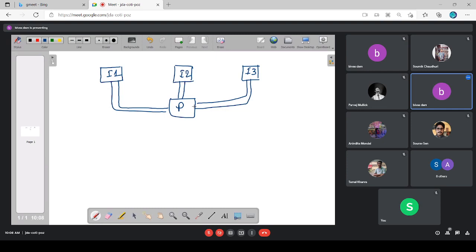But the processor must now have dedicated input lines for all these three input devices. So how many such dedicated pins are required for the processor? Six dedicated pins are now required.